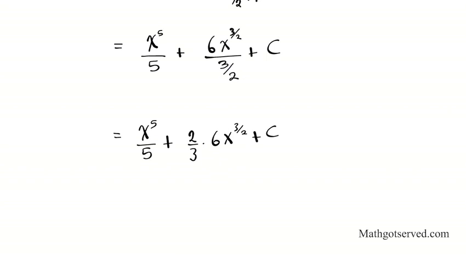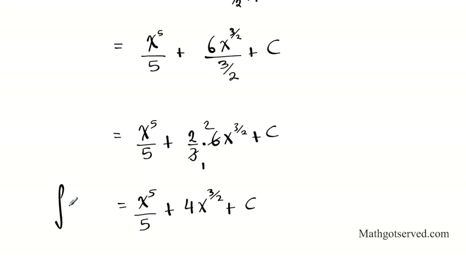Alright, so to finish this up, we just cross reduce. 3 goes here 1, 3 goes here twice. So the final answer will be x to the 5th over 5 plus, multiply this 2 and 2, 4x to the 3 over 2 plus c. And that is the indefinite integral of y dx. Alright, so there goes your second result.